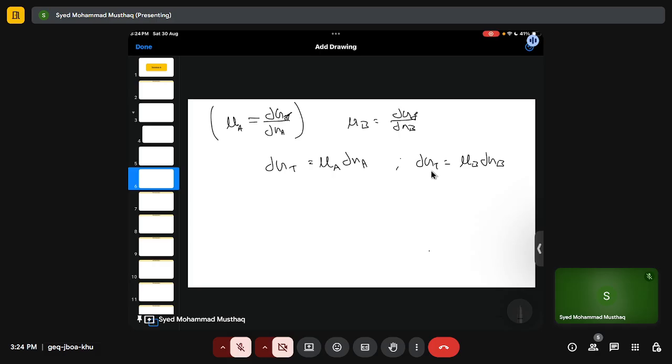Now the total change should be dG. So dG will be given as mu A dN_A plus mu B dN_B. If I am writing it per mole for the total number of moles, then dG is less than dG dash. Now dG equals mu A dXA plus mu B dXB, because it is now per mole.